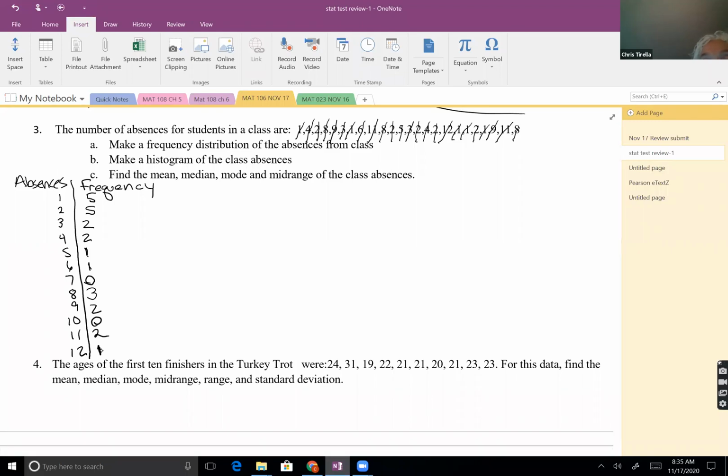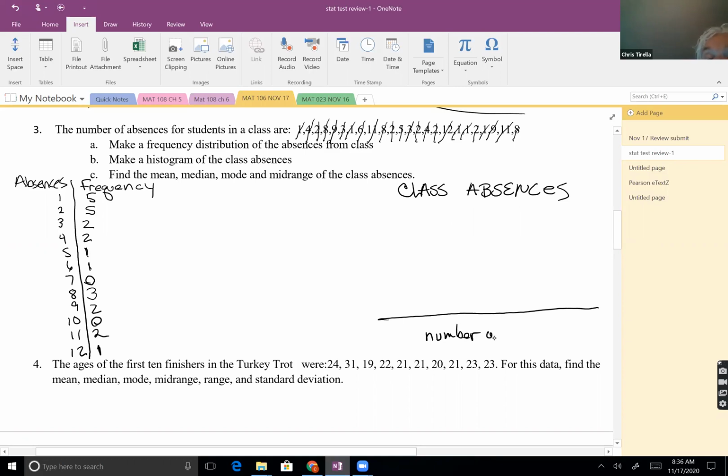I'm going to leave the table for a minute. For my histogram, the title would be class absences. My horizontal axis is always my data value, so it would be the number of absences. My vertical axis is always the frequency.